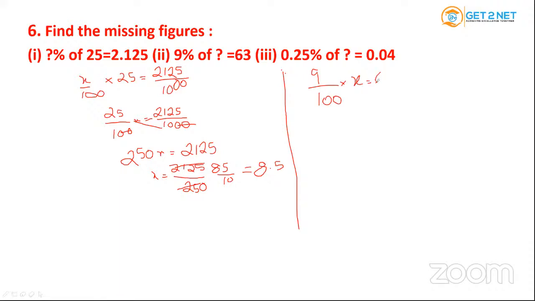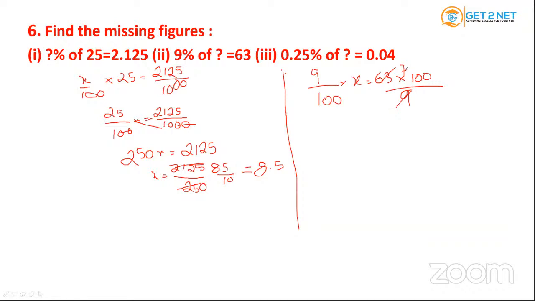So what will be my x? 63 into 100 divided by 9. So the answer will be 700. I can write like this, right? When I deduct 7, it's coming 700, right? Clear all of you?